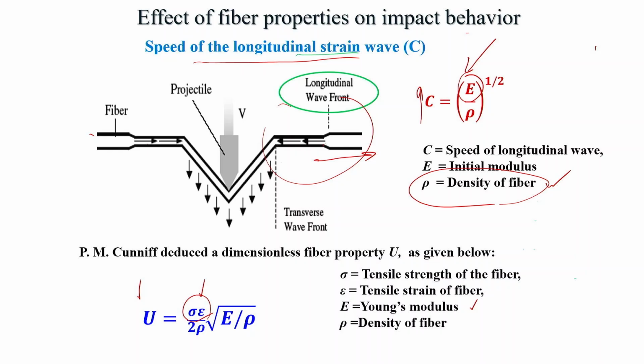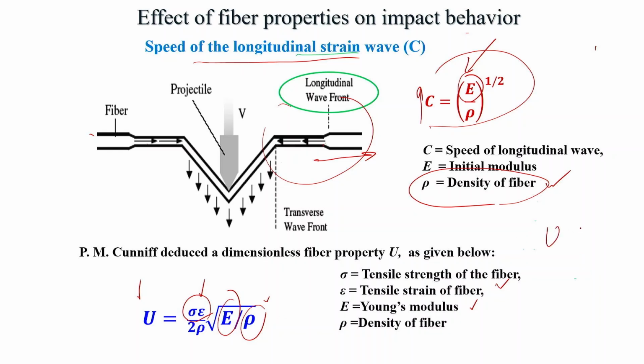Higher tensile strain will have a higher value. Higher Young's modulus we will have a higher U value, and lower density we will have a higher U value. So, effectively you will see these two are related.